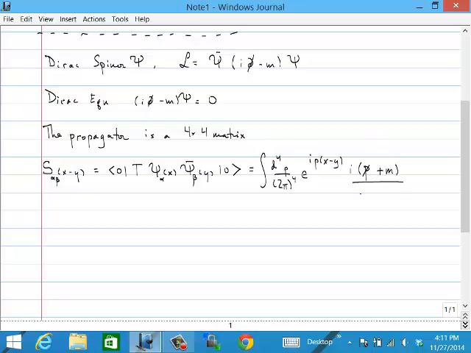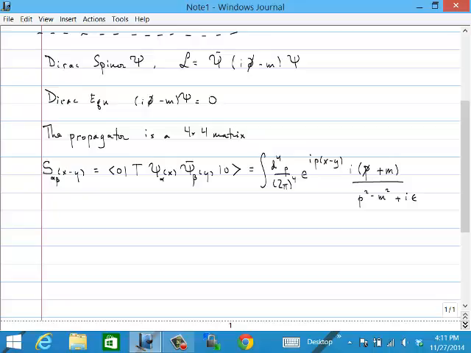So it's p slash plus m divided by the usual expression for a scalar propagator. If you didn't have that p slash plus m in the numerator, this would just be the normal propagator of a scalar field. But because the Dirac equation is a linear differential equation rather than a quadratic one, this propagator in momentum space has to go like 1 over p instead of 1 over p squared, because it's the inverse of the equation of motion.